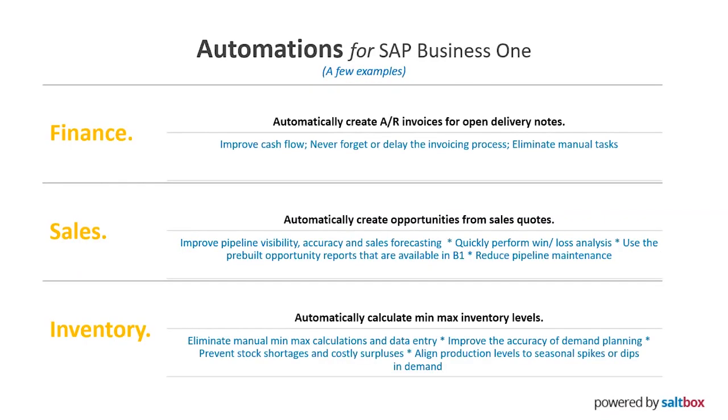So here are just a couple of examples of automations that have been pre-built for SAP Business One. As you can see, they support multiple lines of business within a given company and address specific gaps in Business One, such as automatically creating AR invoices for open delivery notes, or creating opportunities from sales quotes so that you can take advantage of the pre-built opportunity reports within the SAP Business One opportunity module.